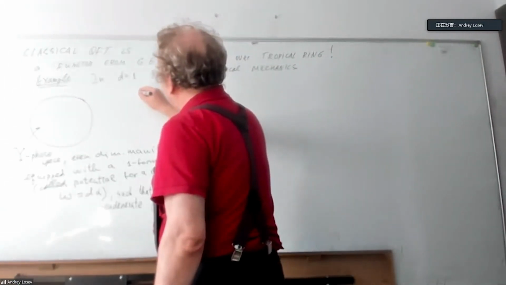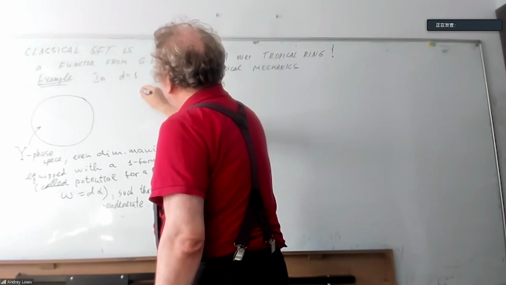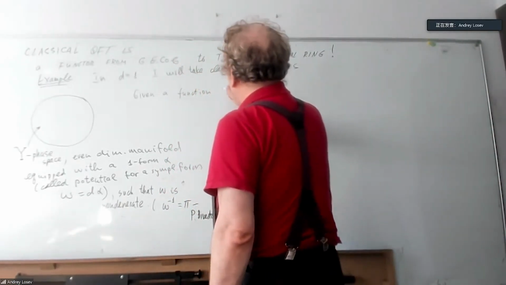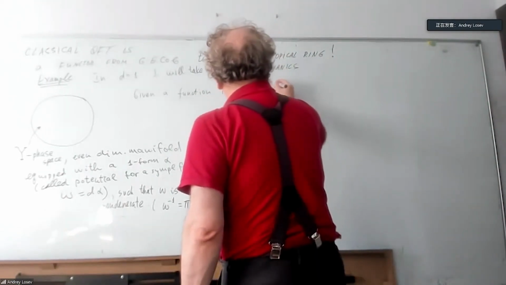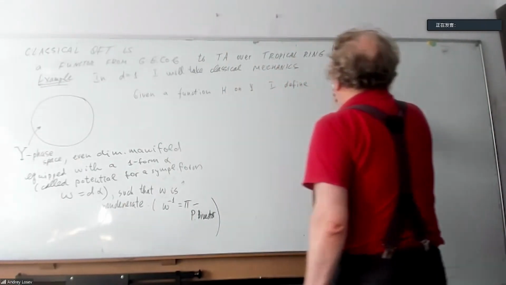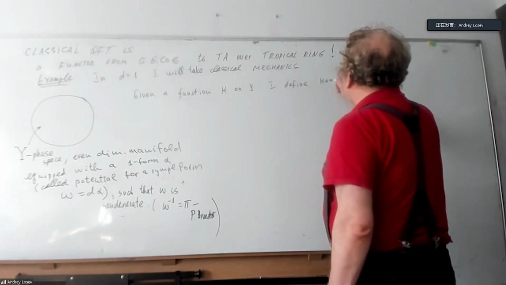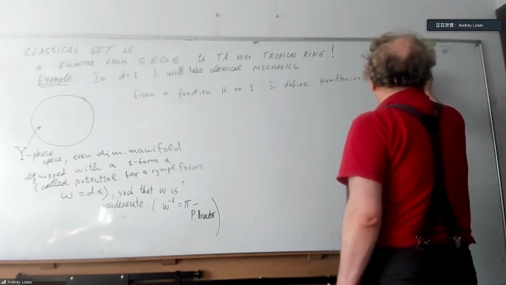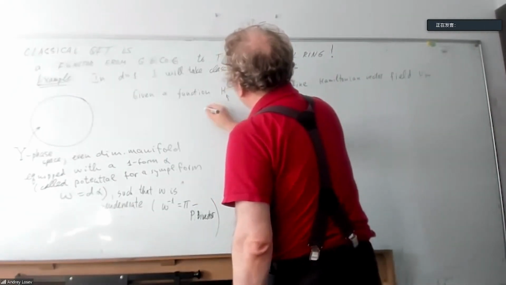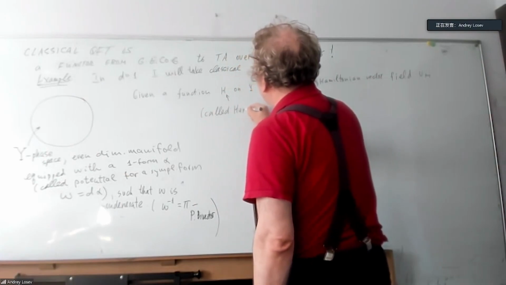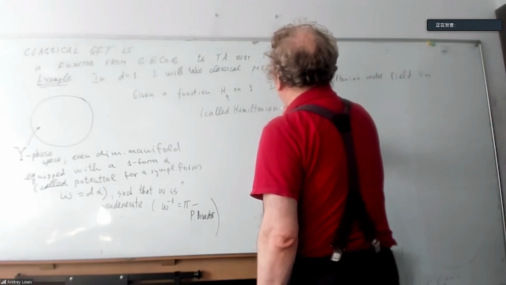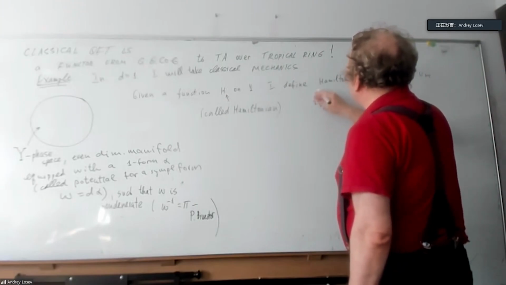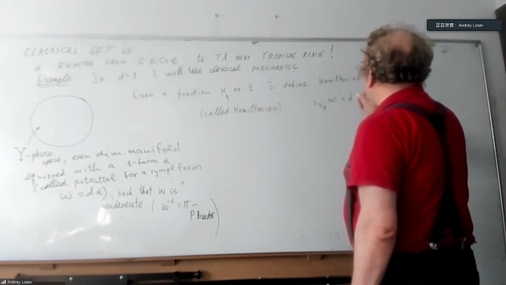Now let me remind you that given a function H on Y, I define so-called Hamiltonian vector field V_H, called Hamiltonian. Iota V_H inserted into omega is dH.